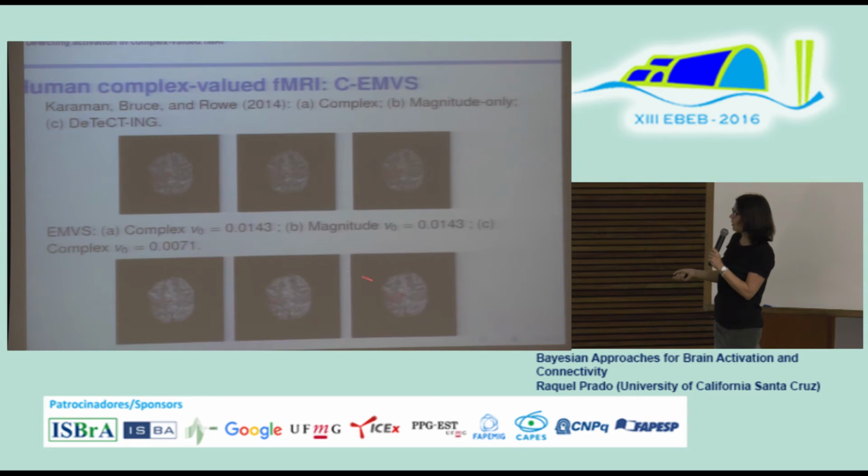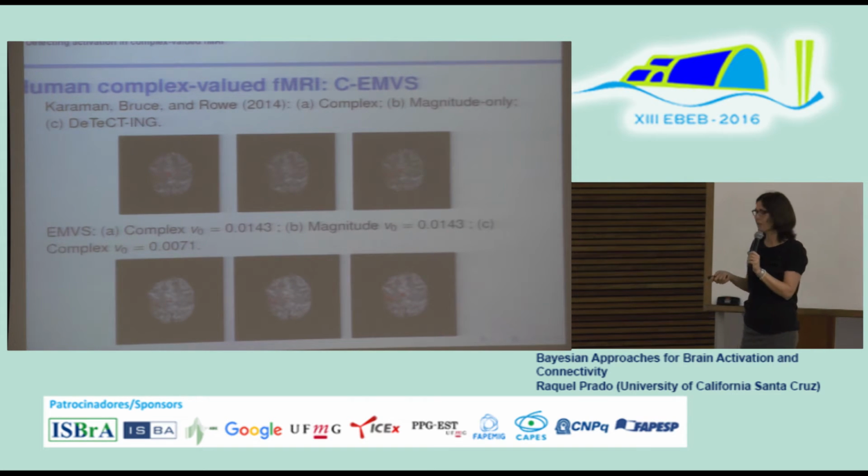These are our results. This is a complex valued model. Actually, it should be the reverse. The first one is the magnitude only, then I have a complex valued model, and then I have another complex valued model. The parameters here are chosen by optimizing, as given in the paper, just optimizing the parameters, the V0s, and assuming that V1 is 1.